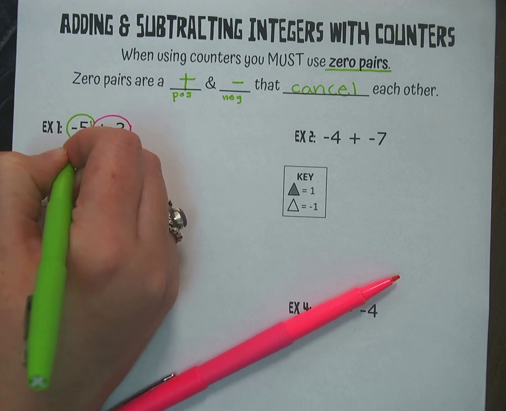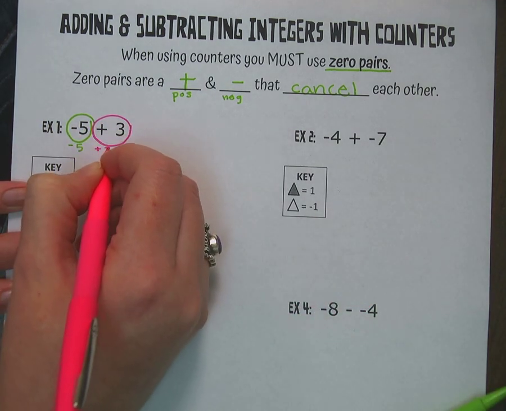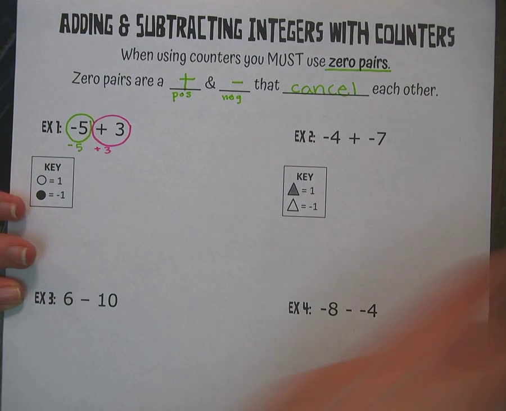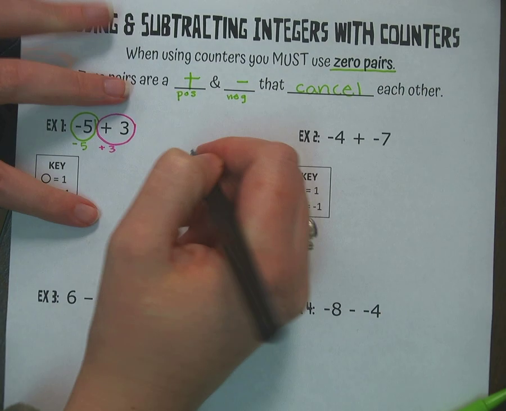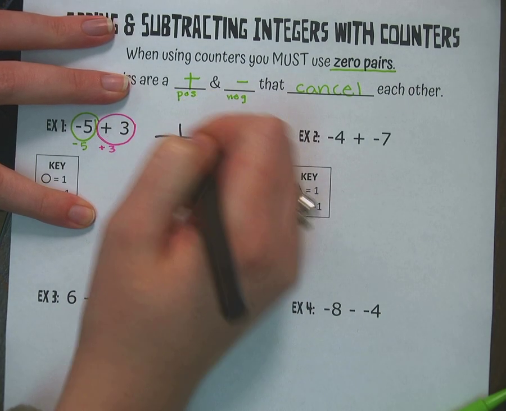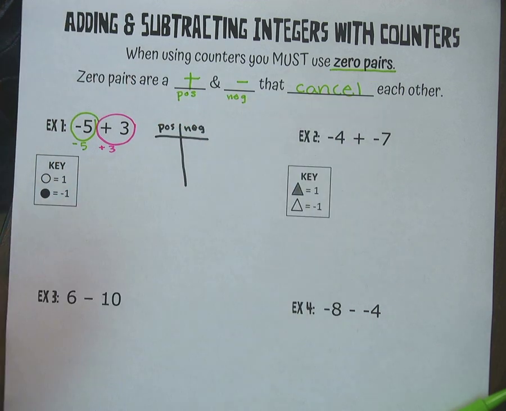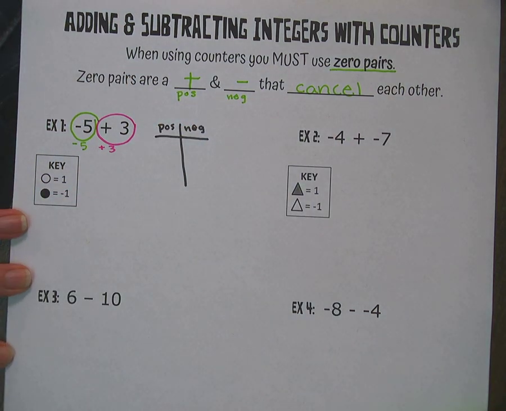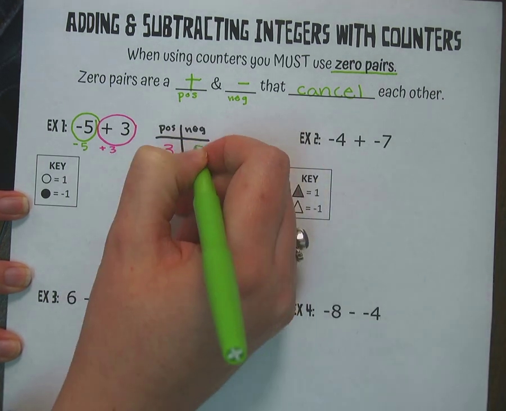There's nothing that changes here, no symbols that change. If I make my integer table, remember we have positive here, negative here. So I have a positive 3 and a negative 5.